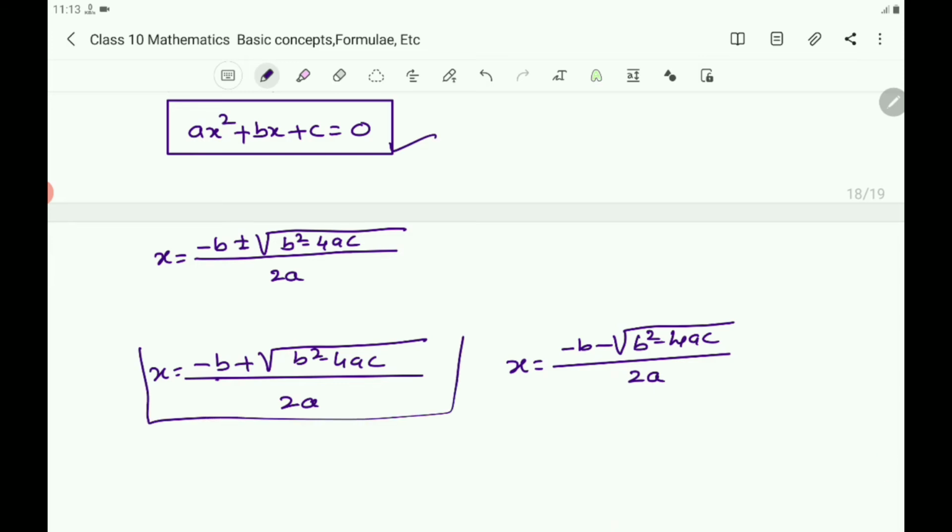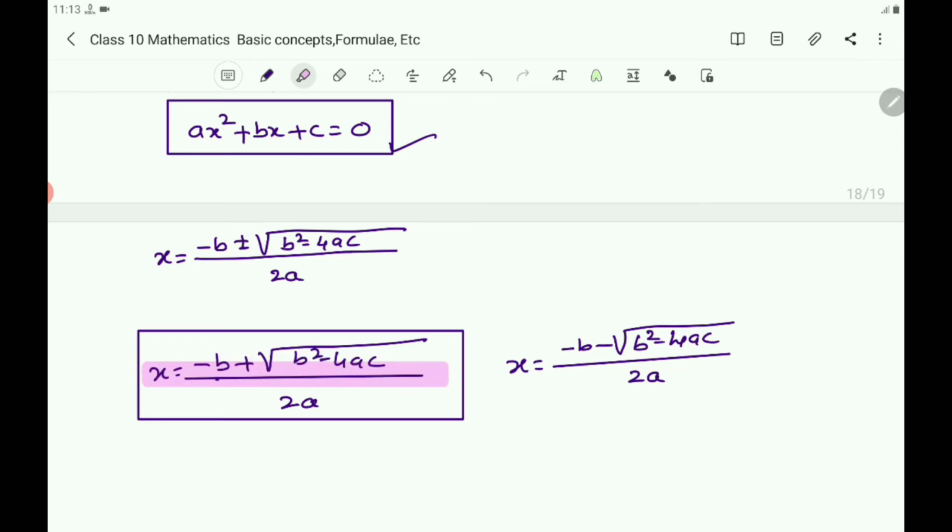x = (−b + √(b² − 4ac)) / 2a, and x = (−b − √(b² − 4ac)) / 2a.